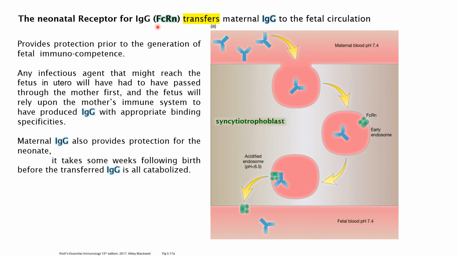We've already looked at one type of passive immunity, and that is treatment with antibodies, monoclonal antibodies, or with serum from cured post-infectious patients. As for natural passive immunity, this occurs between the mother and the fetus.